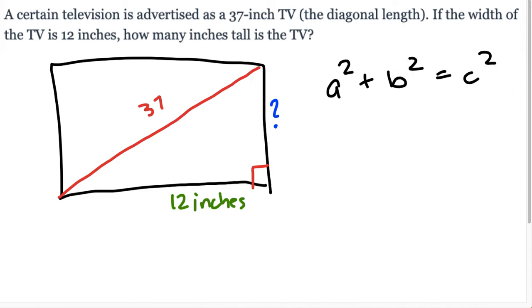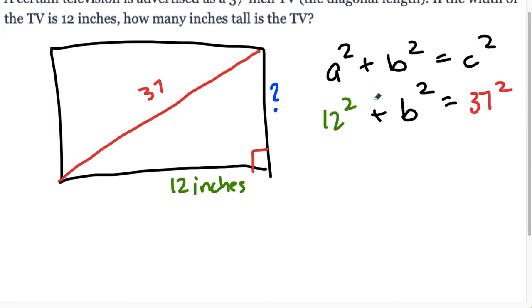In here, 37 is our hypotenuse, so I'm going to replace it with c. One of the sides is 12 inches, so I'm going to label a as 12 inches. So that's 12 squared. And we don't know what b squared is, so I'm going to label that as just b squared. Here we have the missing part, which is b.